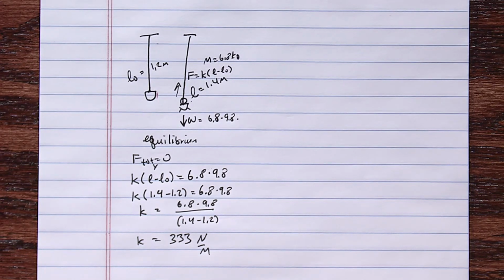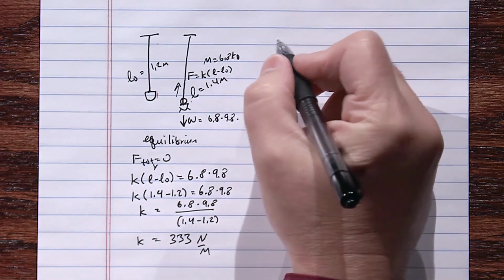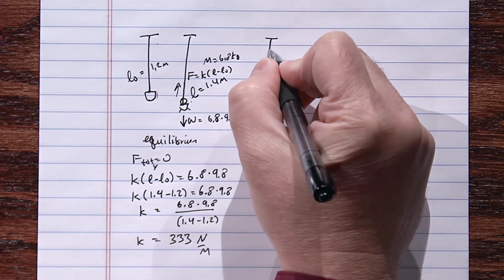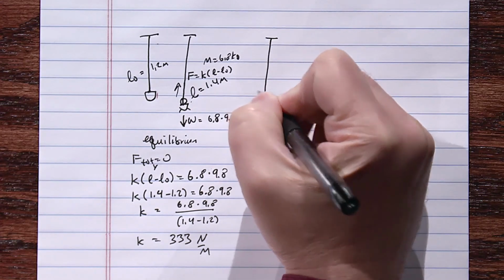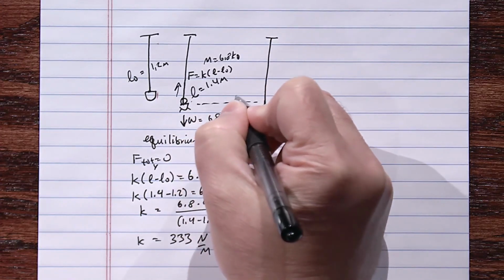Now, the mother pulls the seat down again and releases it. She pulls the seat down by 8 centimeters and releases it. So this becomes our new equilibrium position.